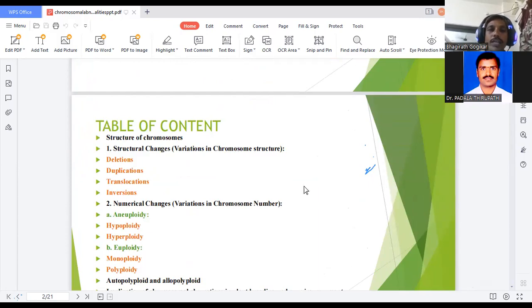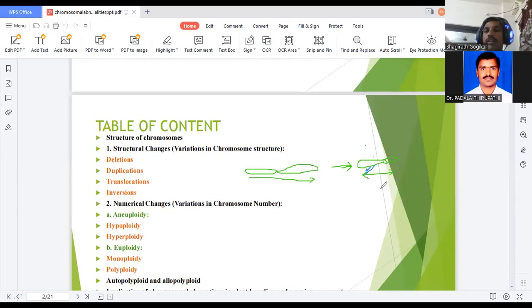So what happens before cell division: the chromosome has this type of shape or structure. After completion of the division, in the next generation, the chromosome shape may be changed like this. This chromosome size is large initially, but later the chromosome size is decreased.